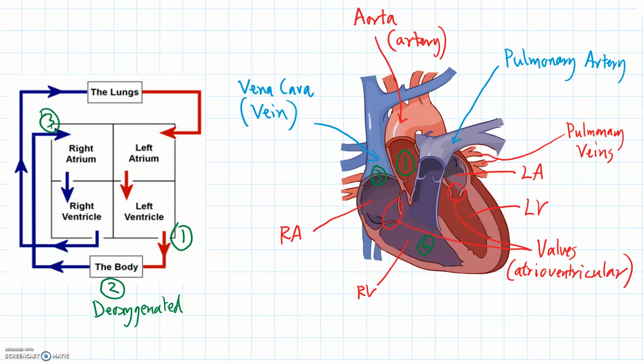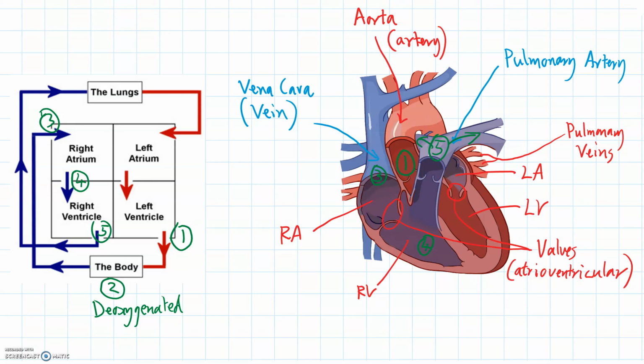So that's step 4 over here. And then the right ventricle needs to send the blood over to the lungs to be oxygenated again. So the ventricle contracts, and step 5 is pushing that deoxygenated blood out of the pulmonary artery to the lungs. And you can see it splits to go to the left and the right lung in the 2 different arteries.